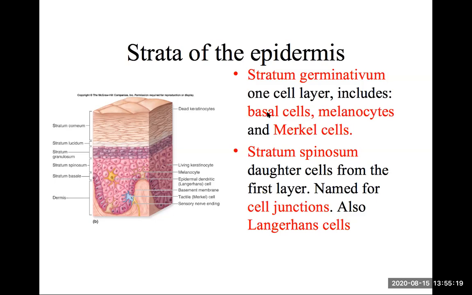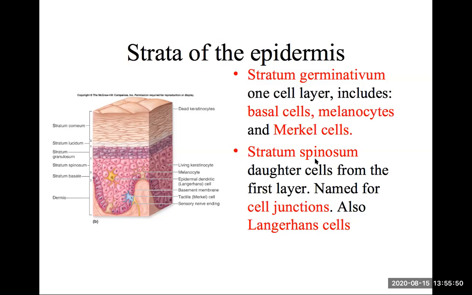They're going to undergo very rapid mitosis, replacing themselves as new basal cells and producing the cells that we're going to see in the superficial most layers. In addition, you're going to find some extra cell types called melanocytes and Merkel cells that I'll talk about some more in a second. Okay, superficial to the stratum germinativum, here showed in this sort of pale pink color, is known as the stratum spinosum.